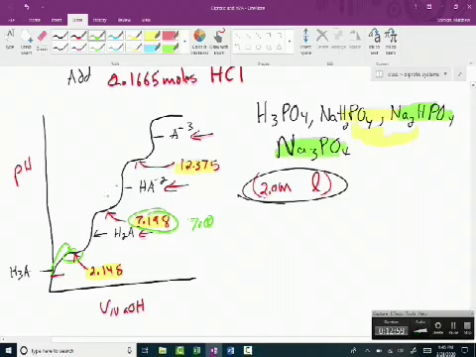And I could start here, and I could add directly HA minus 2 and H2A minus. I could just weigh those out. Or I could have A minus 3 and I could come down here. Or I could have H3A and I could make my way with an equivalent and then up to here.